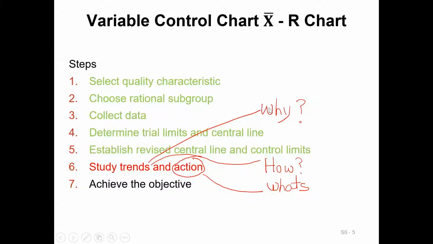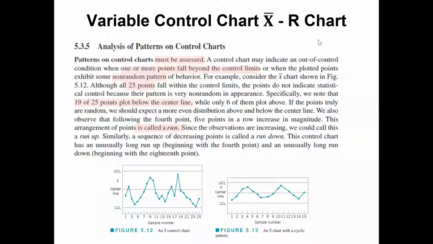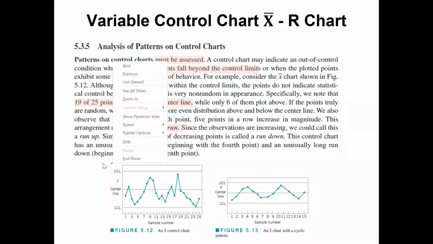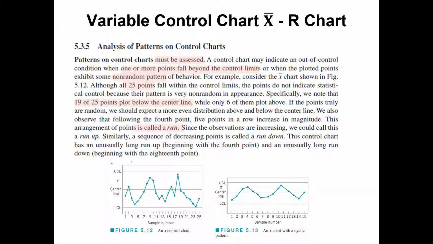Let's try to answer the first question: why you need to study the trend of the control chart. Look at these 2 control charts. What we have discussed so far, one of the methods to identify whether a control chart is statistically in control or statistically out of control is to look into whether there is any point beyond the upper control limit and lower control limit.